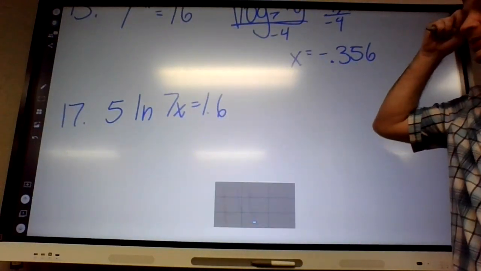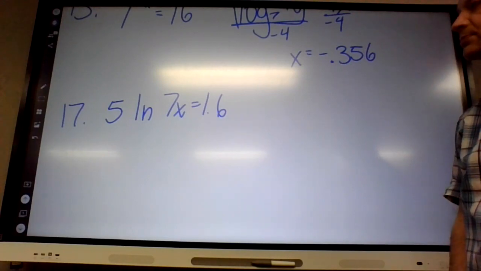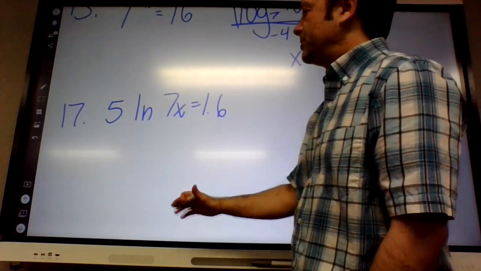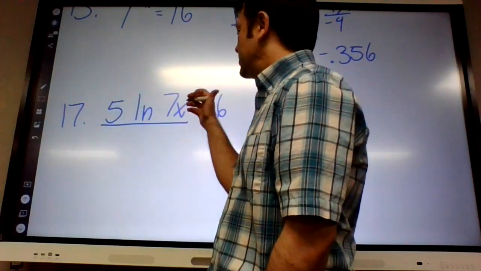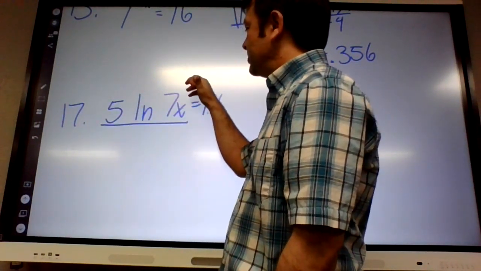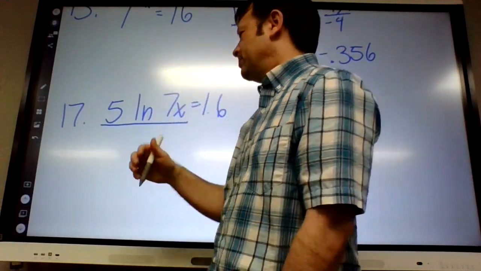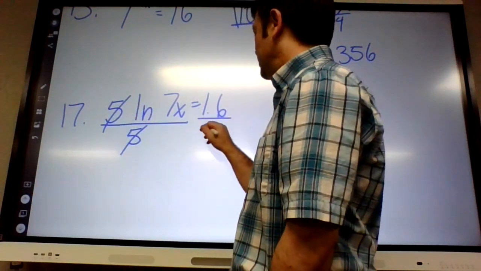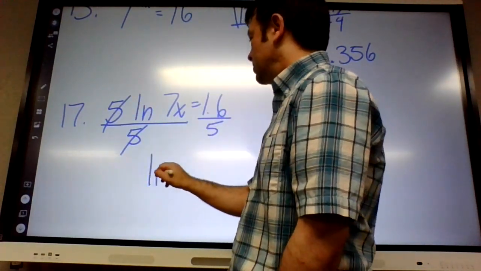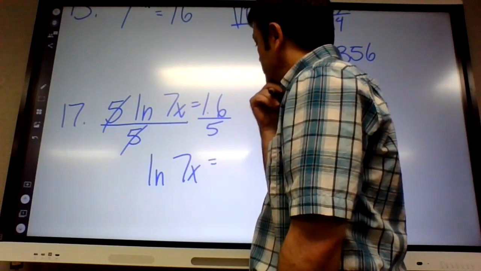Alright, what do you guys think? Any ideas? We kind of talked about this, like what about this 5 right here? Technically you could put it up as an exponent 5 and then eventually you'd have to do the 5th root. But it's probably easier just to divide by 5 to get rid of that. And then you have that divided by 5. What is that divided by 5?